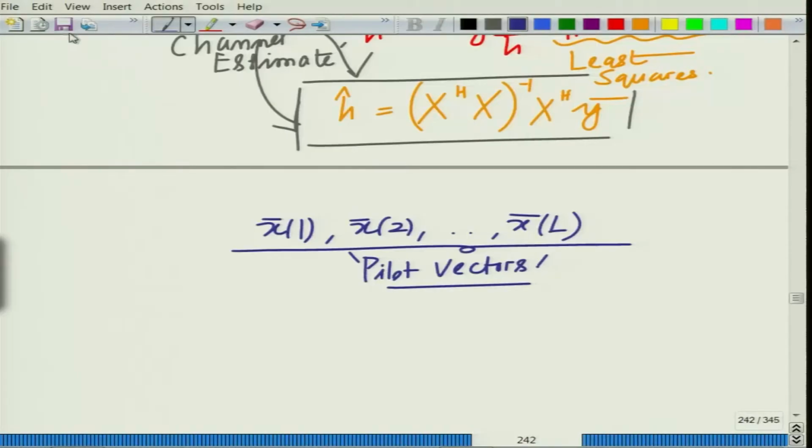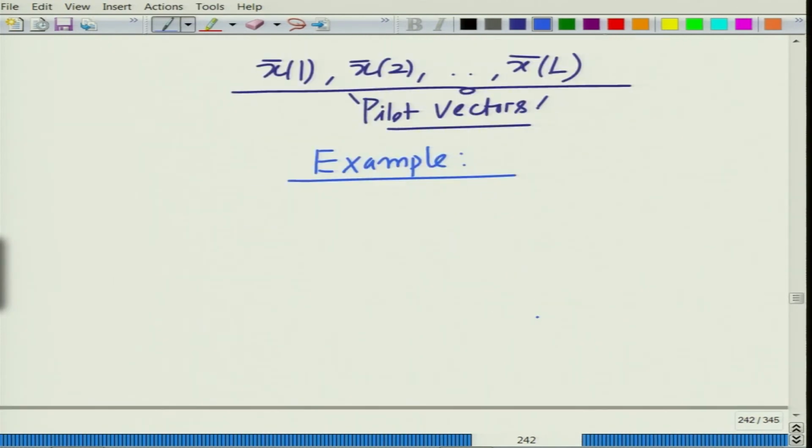Let us look at a simple example to understand this channel estimation process better. For instance, let us look at x bar 1, which is equal to 2 minus 2.